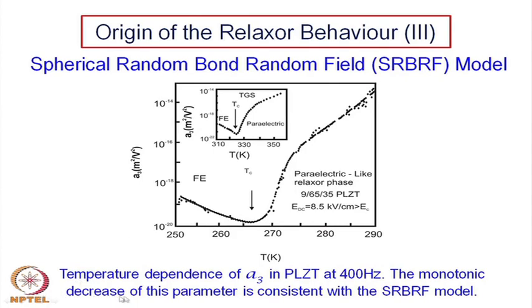This is the temperature dependence of A3 in PLZT, one of the Relaxor Ferroelectrics, lanthanum doped PZT, at a voltage of 8.5, or an electric field of 8.5 kV per centimeter, which is greater than E0.